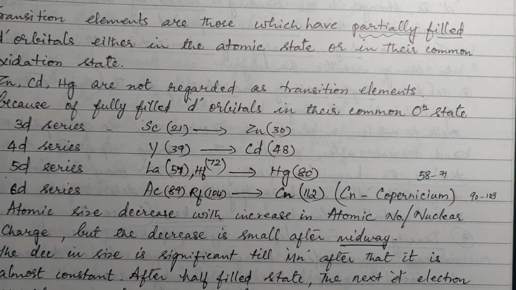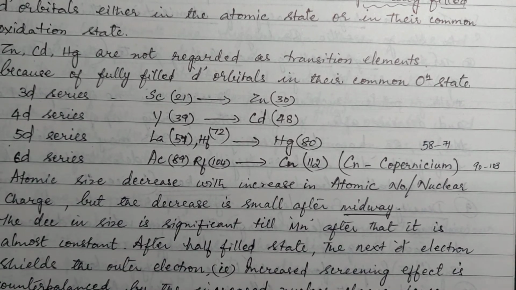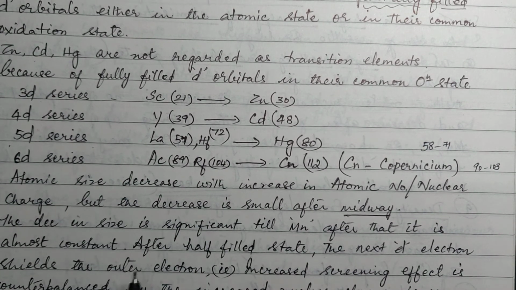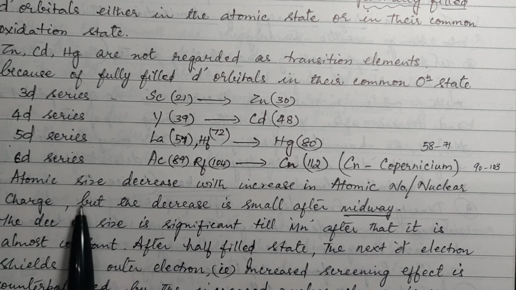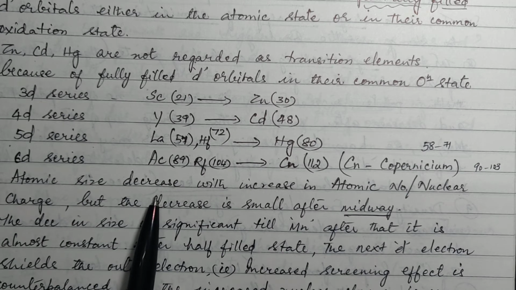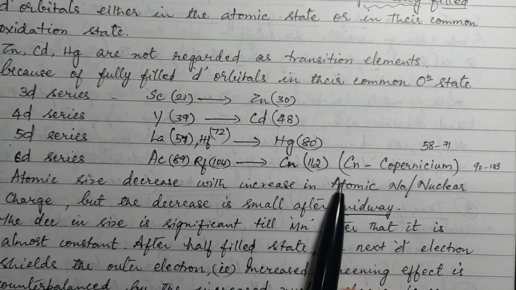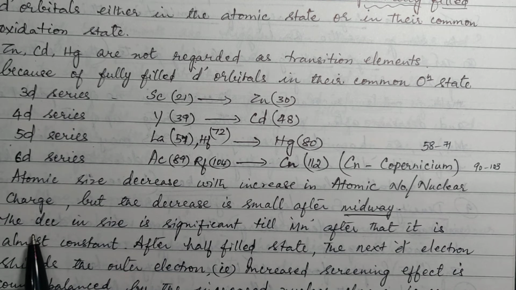Right? Now, what happens to atomic size across the period? Now, atomic number is increasing. So, with increase in atomic number, atomic size decreases. This you have studied. Across the period, the size decreases. Okay. So, increase in atomic number is nothing but nuclear charge.